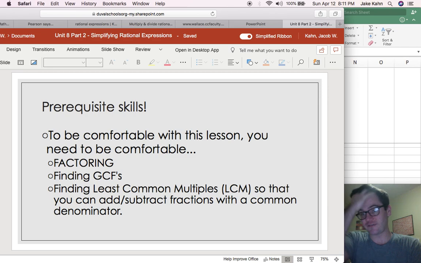Requisite skills. If you want to be successful in this lesson, you should be comfortable in 3 things. Factoring is huge in this lesson. You're going to be factoring a lot, probably every single problem for the most part, at least pulling out a GCF of every problem. And if you are not comfortable with that, please be watching videos on Khan Academy about factoring when a equals 1 or when a doesn't equal 1, how to take out a GCF, that sort of thing.